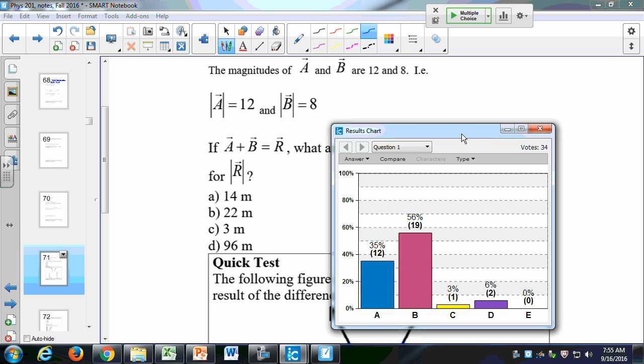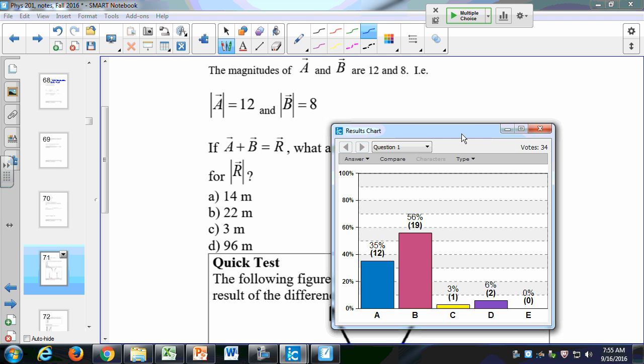And then the minimum value is going to be oriented like this, where one is in the opposite direction of the other. And this is like doing a difference, A minus B. In this case, my minimum value is 4. You can't get any value less than 4 when you add these two vectors. Well, you might say, gosh, maybe here I could get a minimum value.